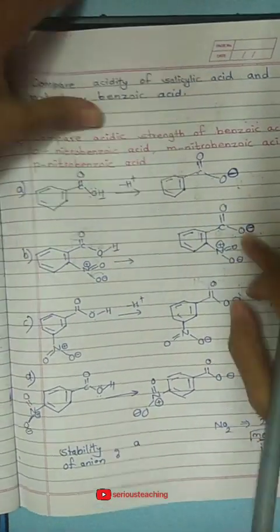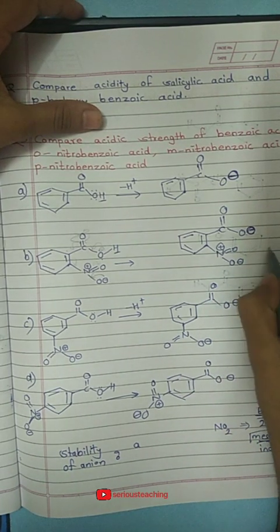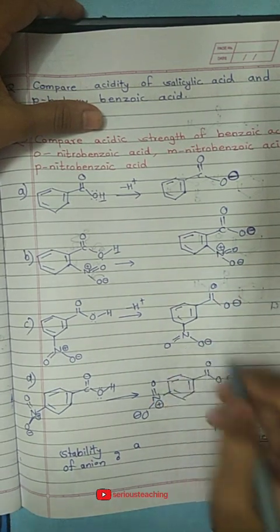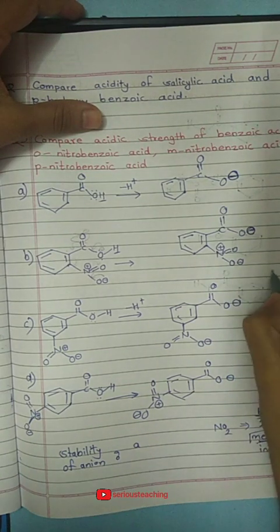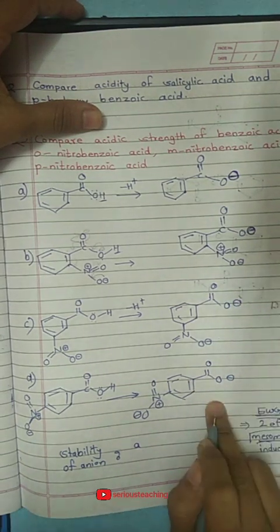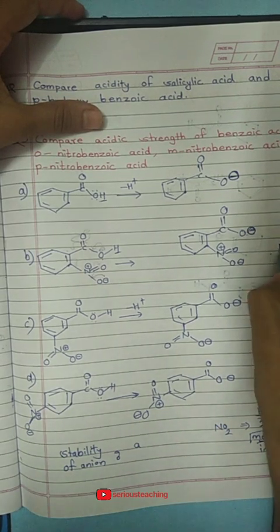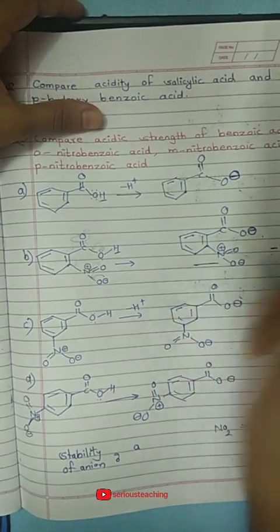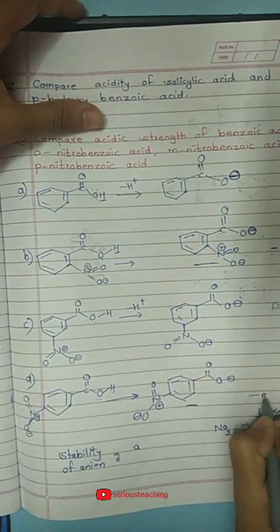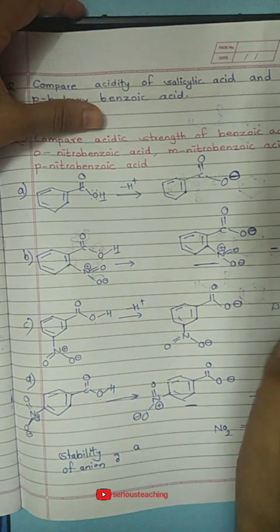Now, in all these compounds, here the nitro group is present at the ortho position, here the nitro group is present at the meta position, and here the nitro group is present at the para position. And we know that at the ortho position and at the para position, the nitro group shows mesomeric effect, which is negative mesomeric, and it will withdraw electrons from the ortho position and similarly from the para position. And at the meta position, it will not show mesomerism.